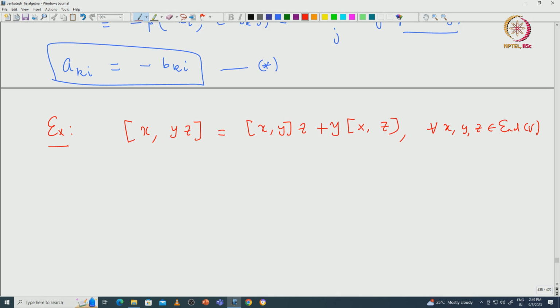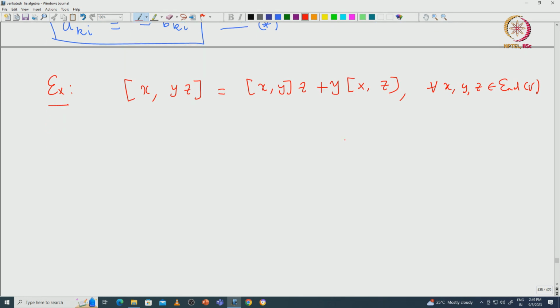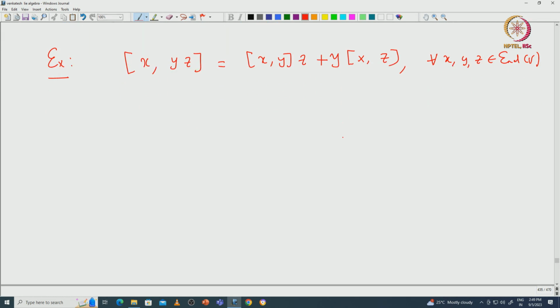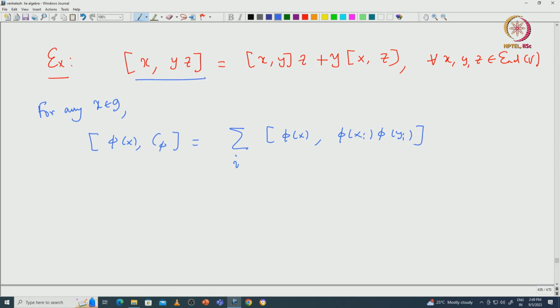Now using this identity, let us compute what happens if we take the commutator between pi of x and C pi, for any x in G. Let us compute this bracket pi of x with C pi. By definition, this is summation over I of the bracket pi of x comma pi of x I times pi of y I. This exactly looks like the term bracket x comma y z, so we replace this by what is on the right side.